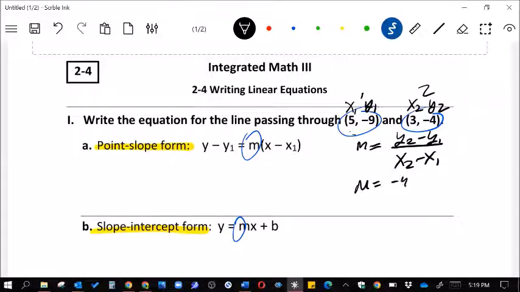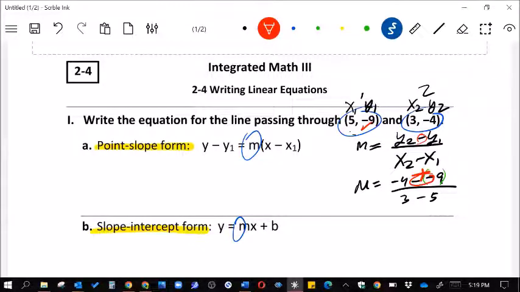M is equal to -4 minus, now I'm going to talk about that in a moment, -9, over 3 minus 5. Now this is where parentheses are often good, but the thing to really recognize is that you have 2 negatives. It's easy for people to think of this negative as the same as that negative, and it's not. So that means what we really have here is a plus.